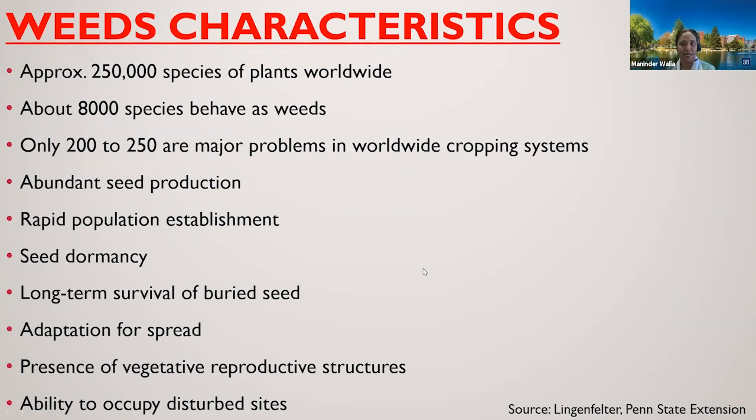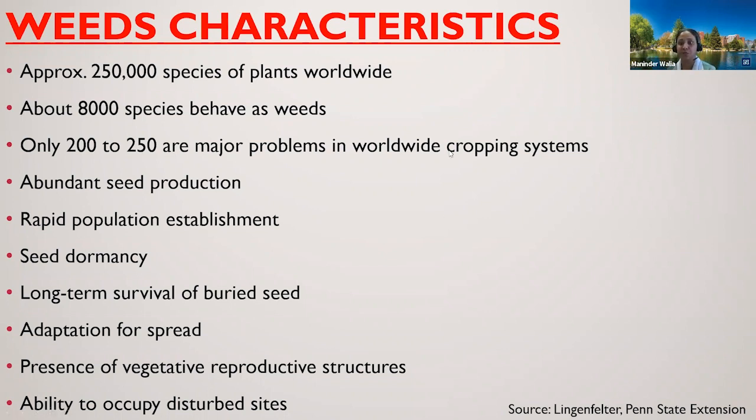Weeds tend to be plants that are adaptive and competitive in a range of environmental conditions, and there are approximately 250,000 species of plants worldwide. Out of those, 3% or 8,000 species behave as weeds. And out of 8,000 species, only 200 to 250 are major problems in worldwide cropping systems.